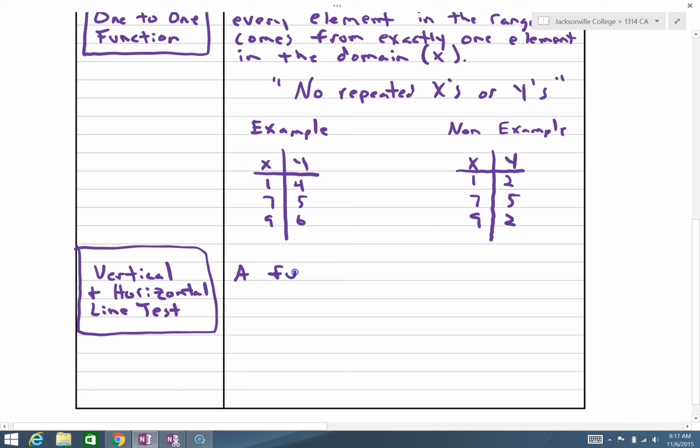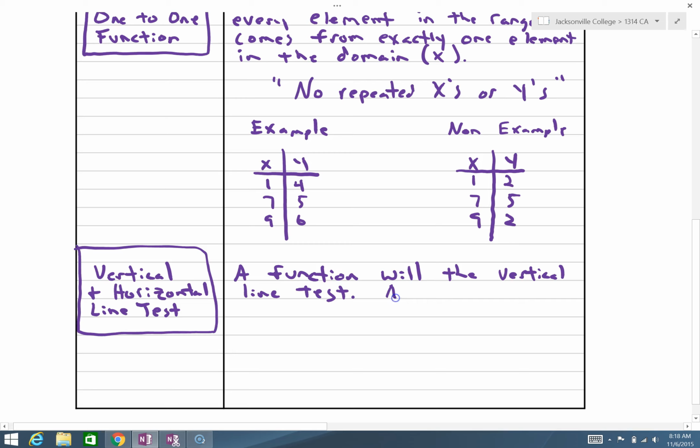A function, not a one-to-one function, but a function will pass the vertical line test. Recall from our earlier definition of vertical line test, the vertical line test states that if we can draw a vertical line through any part of the graph and it only touches at most one time, then that relation is a function. If it touches more than once, it's not a function.